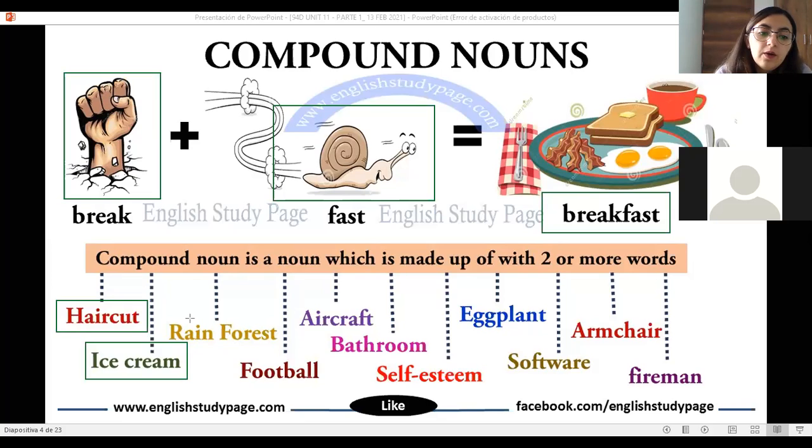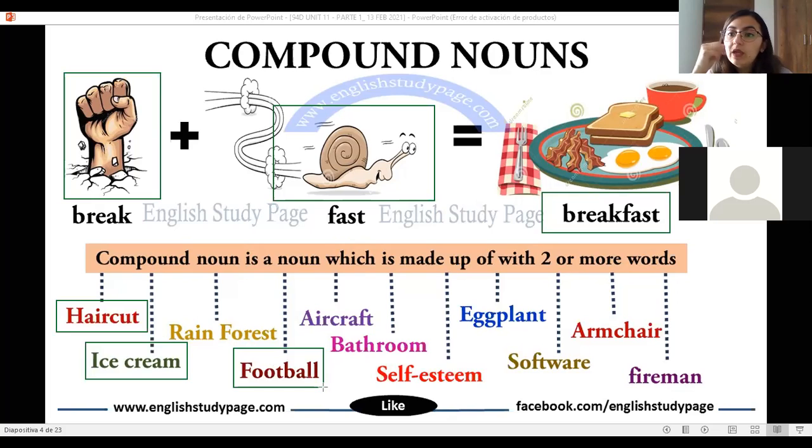Okay, so as an example of other compound nouns, here we have, for example, rainforest, el bosque tropical que suele estar lloviendo, ¿no es cierto? Un bosque húmedo, a rainforest. We have football, es una palabra que nosotros le hemos ocupado tantas veces que no nos hemos dado cuenta que es la unión de dos palabras, ¿no es cierto?